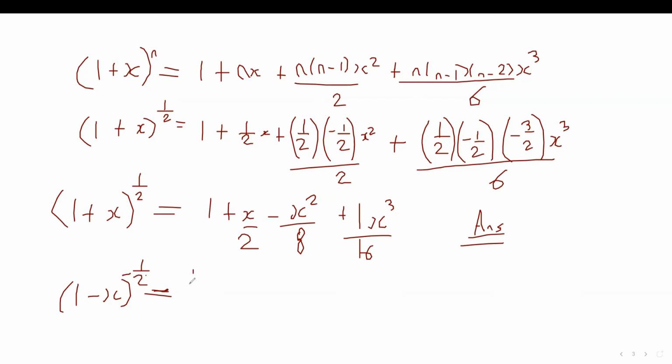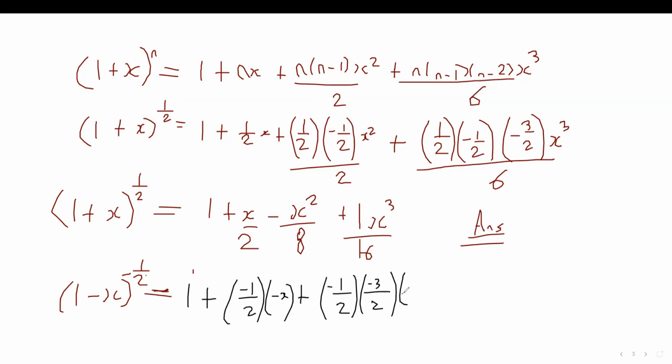This is going to be 1 plus n, which is minus a half, times x, which is minus x in this case, plus n times n minus 1, so now it's minus a half, times minus 3 over 2. Then we multiply that by minus x squared.